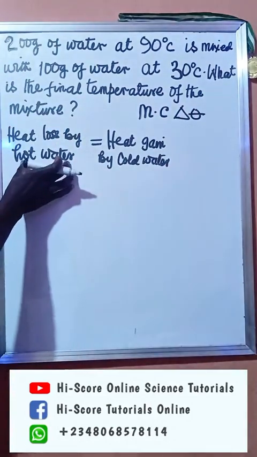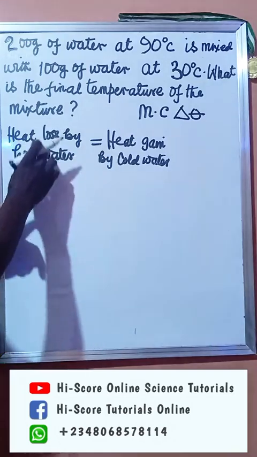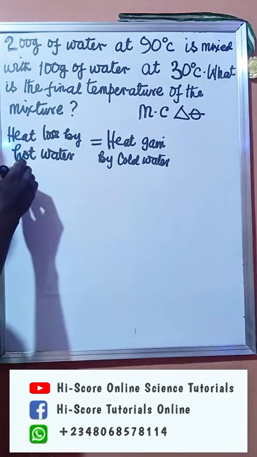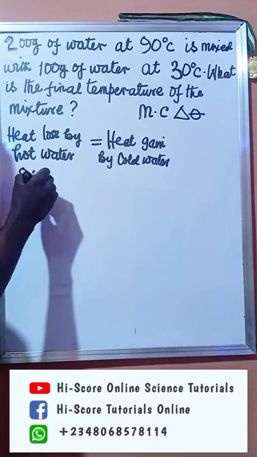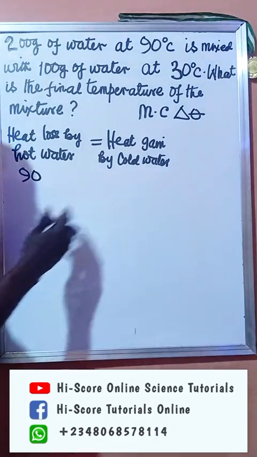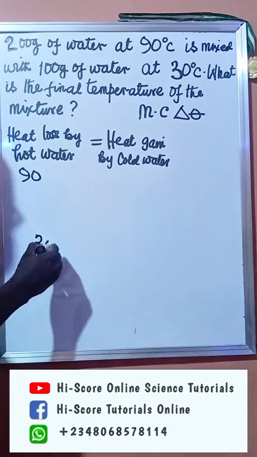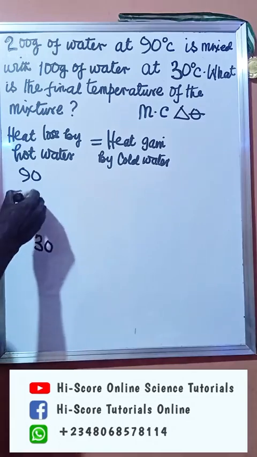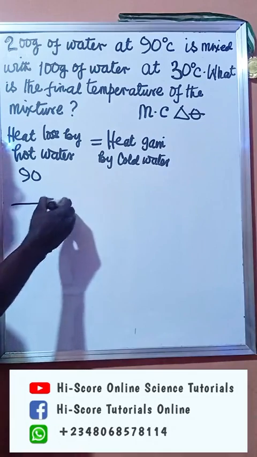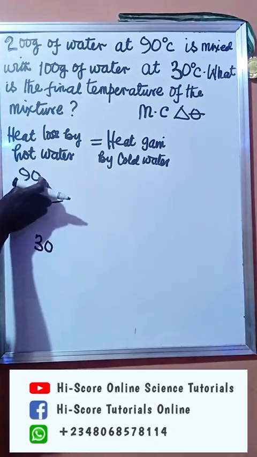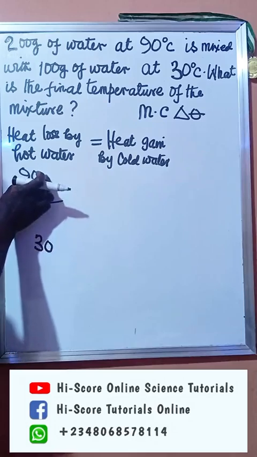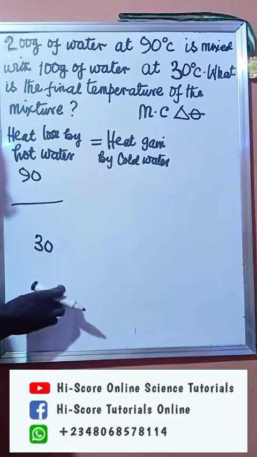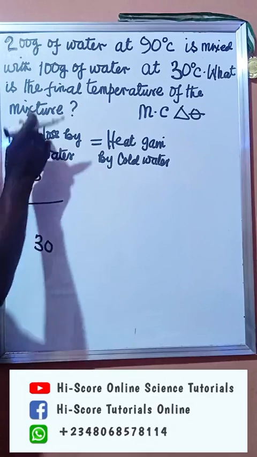Now, for the heat loss, the hot water is at 90 degrees Celsius, while the cold one is at 30 degrees Celsius. Obviously, the final temperature must be something between 30 and 90 Celsius. In that case, we cannot get any value below 30 and we cannot get any value above 90.